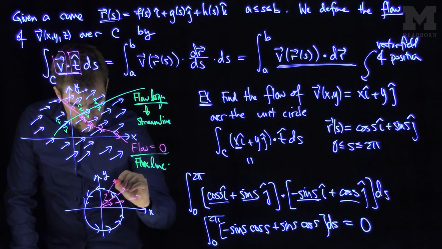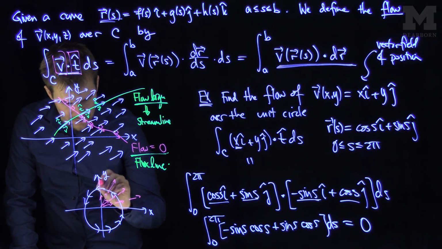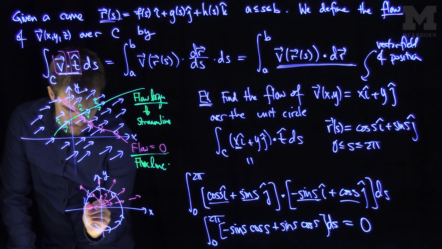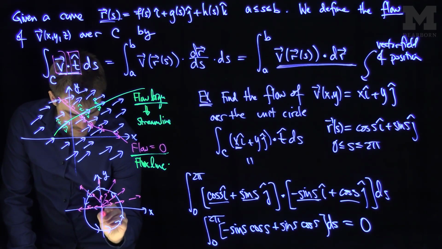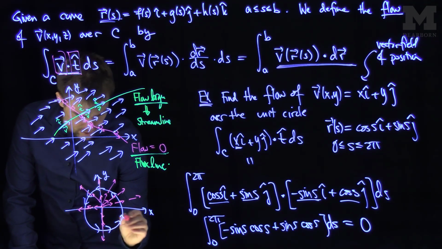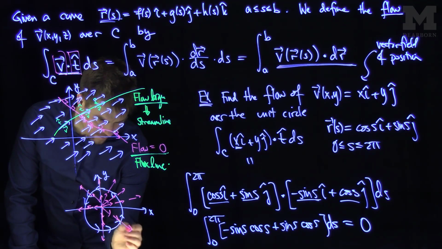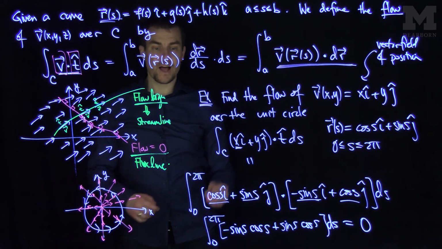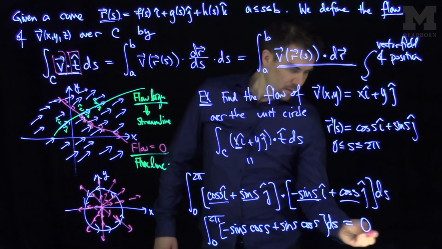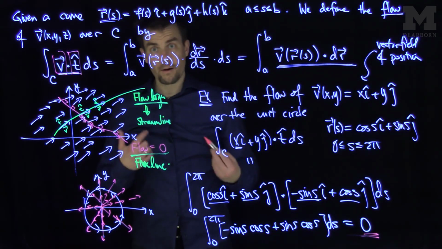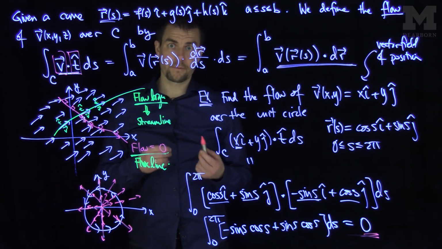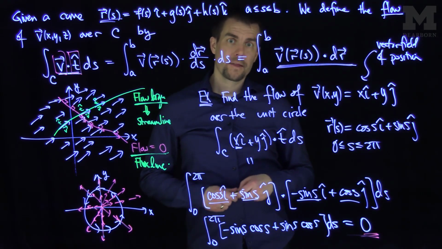It's going exactly right out of the unit circle, exactly perpendicular to the tangent vectors. So that validates our answer that the flow of this vector field over the curve is equal to 0. Thank you very much.